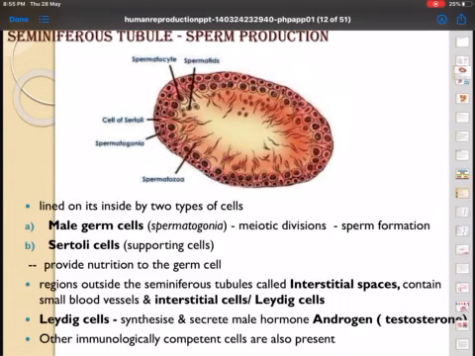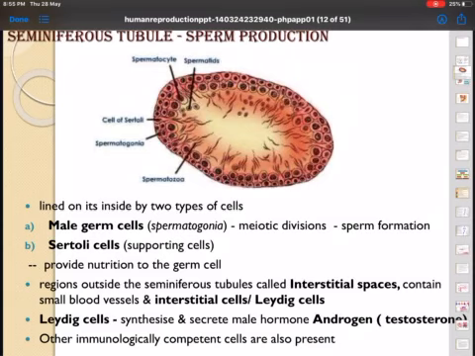And the Sertoli cells that we are able to see here, they are supporting cells and they provide nutrition to the growing spermatogonia or spermatozoa. Regions outside the seminiferous tubules, you are seeing a lot of spaces. These are called interstitial spaces. These contain small blood vessels and interstitial cells or Leydig cells.